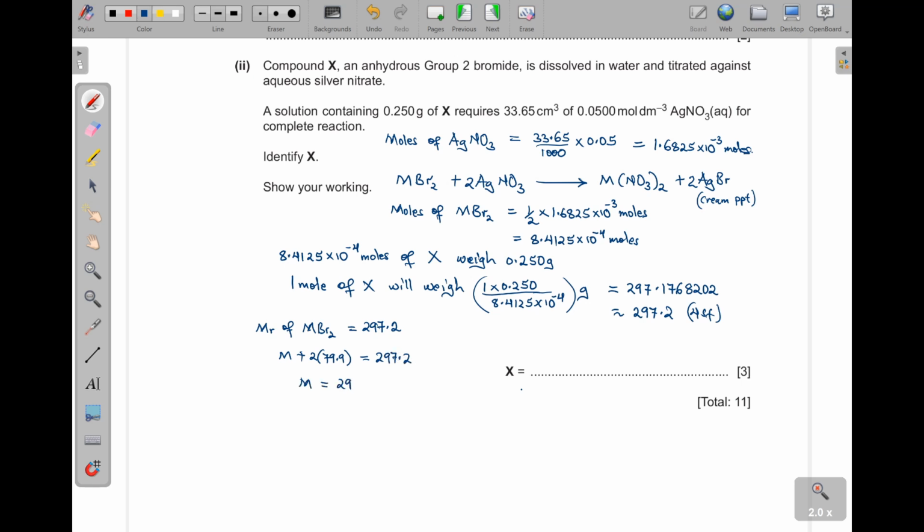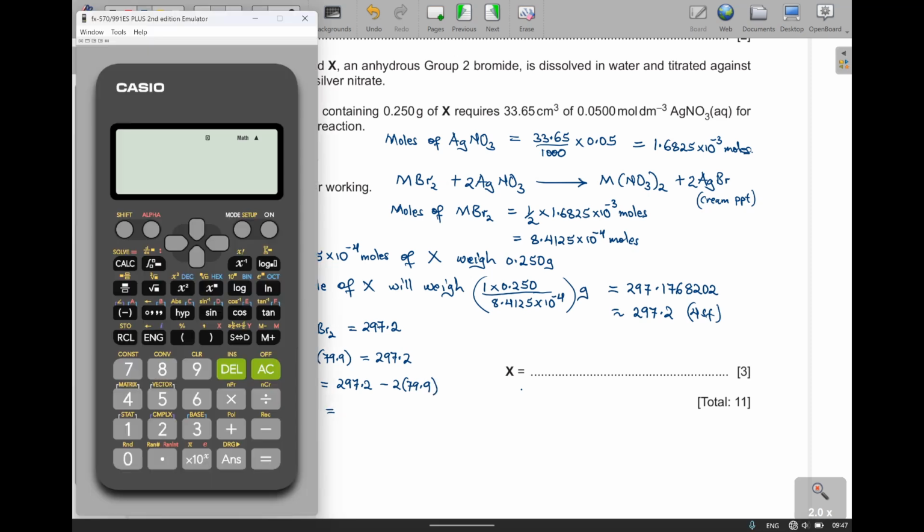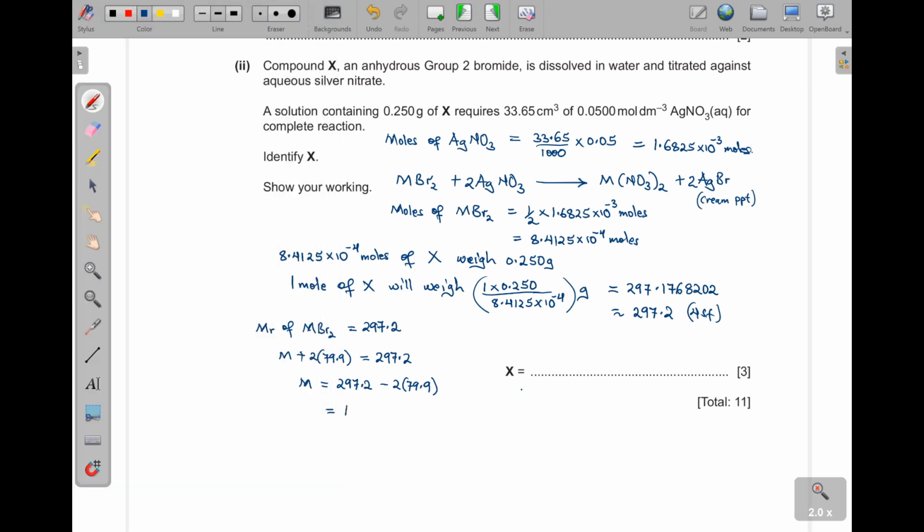I'll get 297.2 minus 2 times 79.9. That is 137.4. Remember, this is now the AR value of a group 2 element.